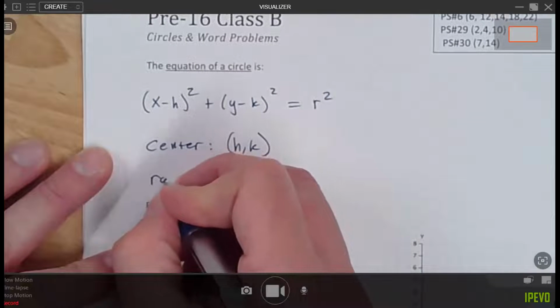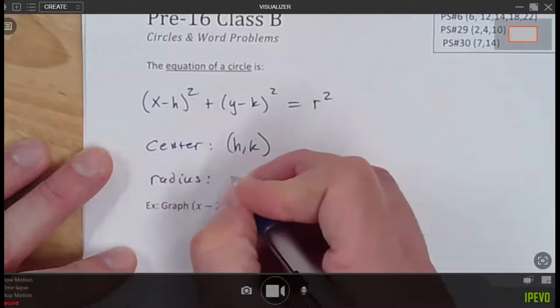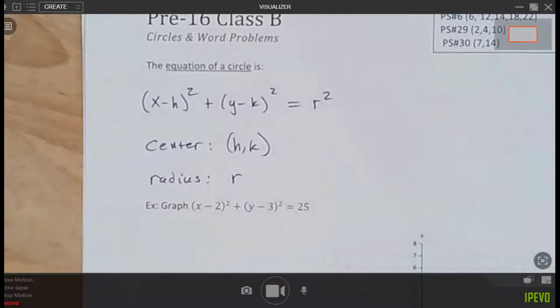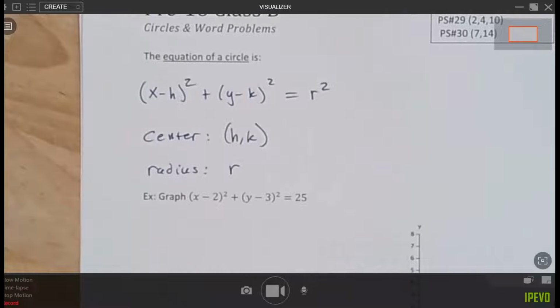The radius of the circle is r. And there's not a whole lot else to say about this particular equation. There is another version, which we're going to talk about in a little bit. But if someone is writing the equation of the circle, this is the way you want to write it. This is the best way for sure, no matter what.